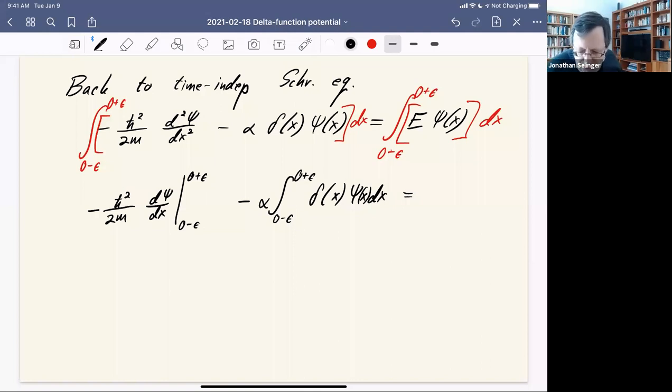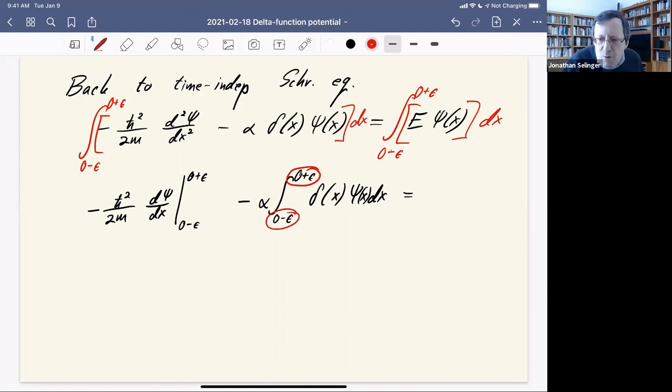Now, I told you before that the integral of delta of x times any old function of x integrated from minus infinity to infinity is the function of x evaluated at 0. That still works here. Now, you may be thinking, what about these limits? These aren't the right limits. This is just a little negative to a little positive.